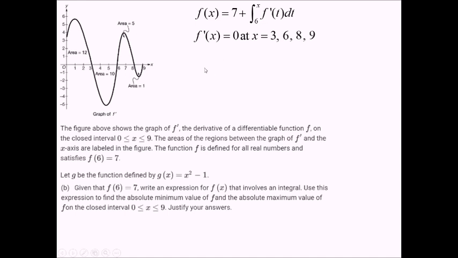For 0, I have the starting value 7 plus integral from 6 to 0. Well, that means we're going backwards, which means that all the area that we would have been subtracting, like this area of 10, we're now going to add. And all the area we would have been adding, like this area of 12, we now have to subtract, just because we're going from right to left if we're doing 6 to 0 to a number less than 6.